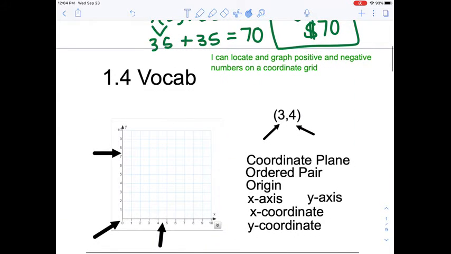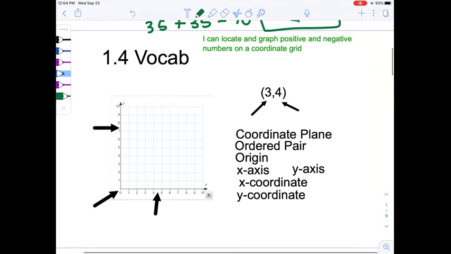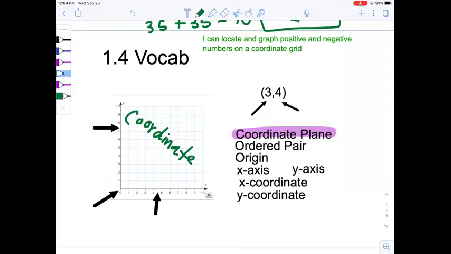So here is some vocab. We are going to label, so in your notes, you have this coordinate plane laid out as well. So we're just going to label some of these vocab words. So coordinate plane is this grid here. So we can label that. An ordered pair is written as x and y.